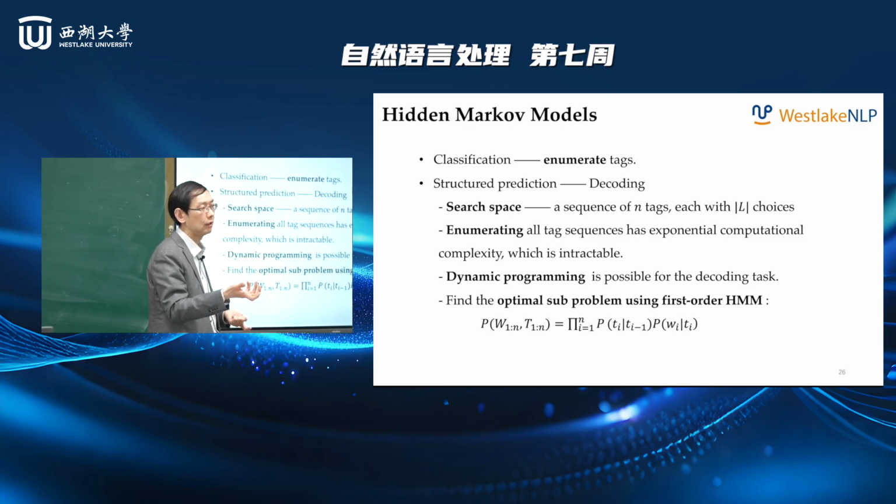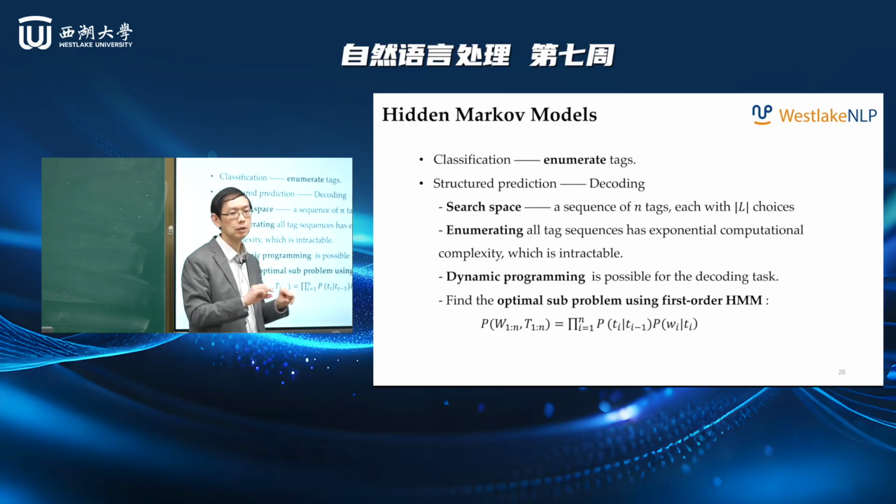Who has the highest probability? That is the output. Why don't we do the same? Given a word sequence, why don't we just enumerate all possible tag sequences and choose the most probable tag sequence? That's it, right? Why do you call it decoding?